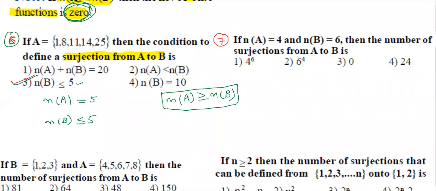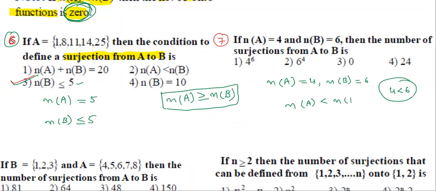Now see the seventh question. What is n(A)? n(A) is only 4 elements. n(B) has 6 elements. By observing this, 4 is less than 6, or not? n(A) is less than n(B).